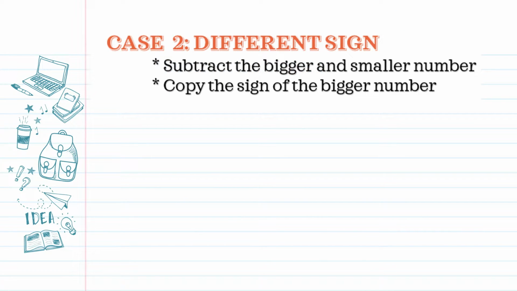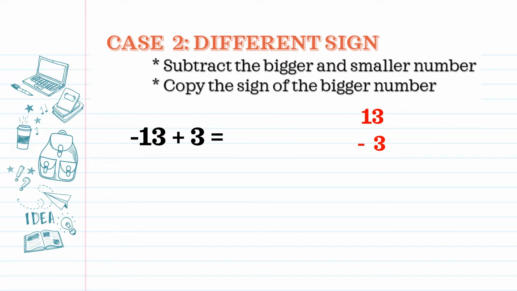How about for case number 2, wherein the two integers have different signs? One will be positive and the other one will be negative. Let's say for example negative 13 added by positive 3. First step in this case is to subtract the smaller number, which is 3, from the bigger number, which is 13.